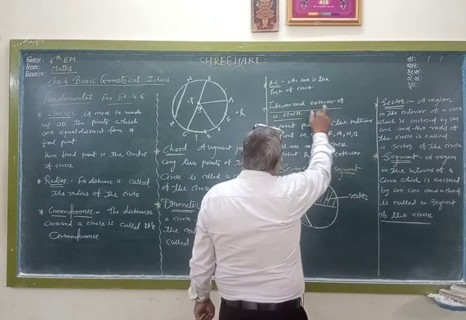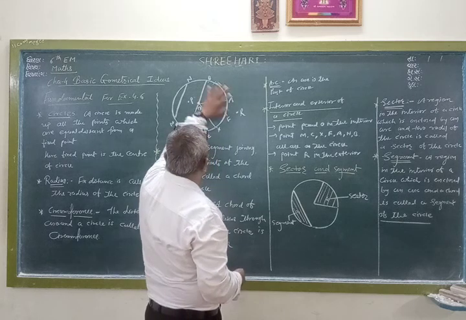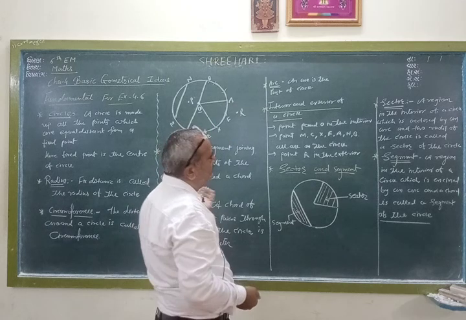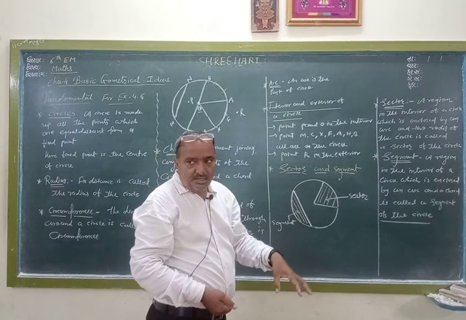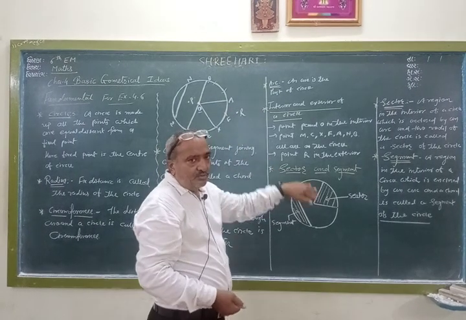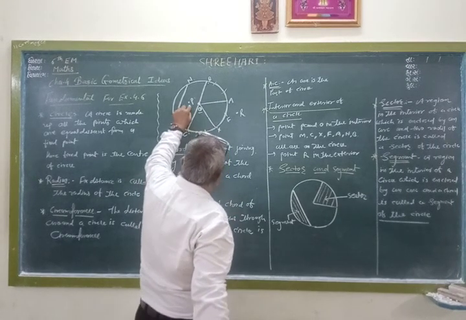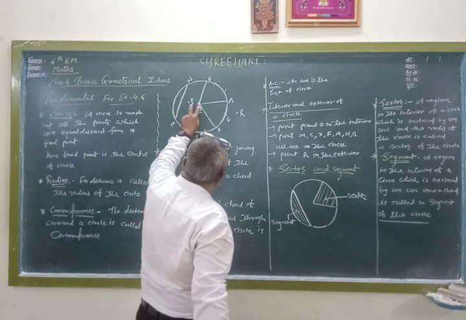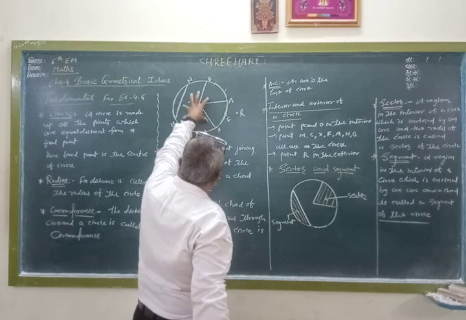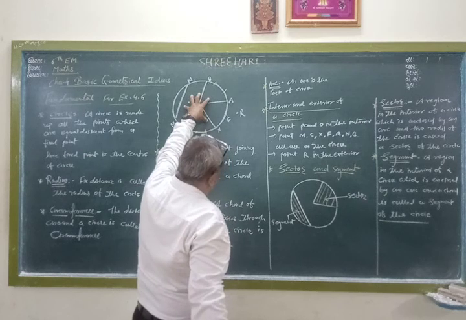Now, the interior and the exterior of a circle. Friends, you can see in this figure, some points are in the circle, some points are on the circle, and some points are out of the circle. So friends, you can see point P and point O. These two points are in the circle, so they are the interior of the circle.